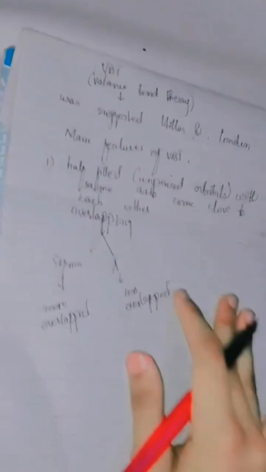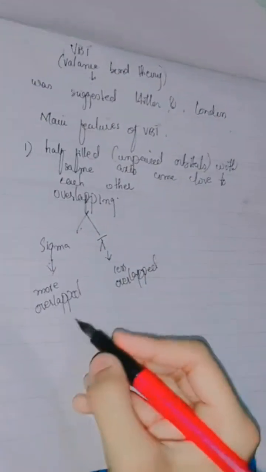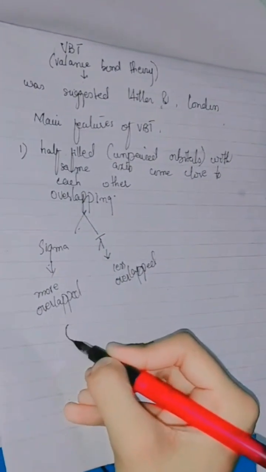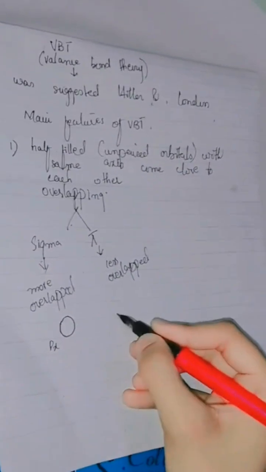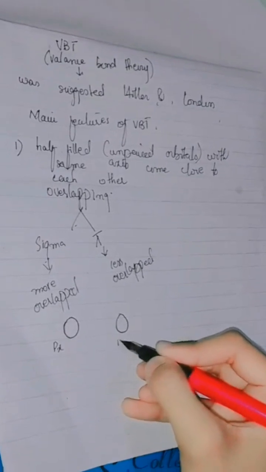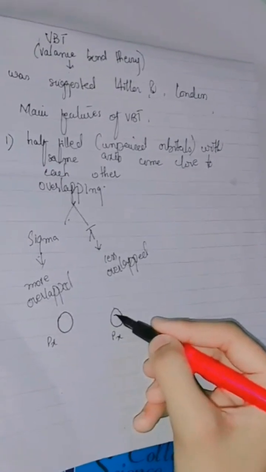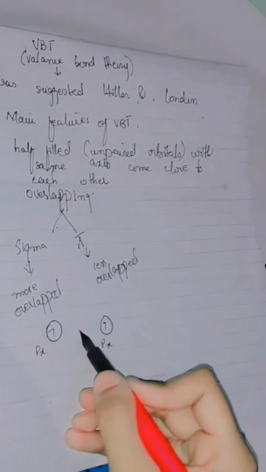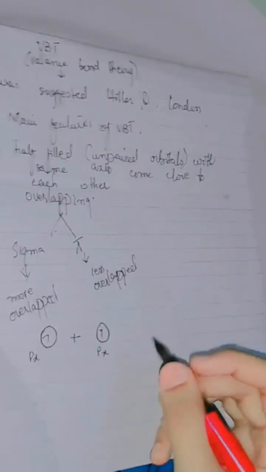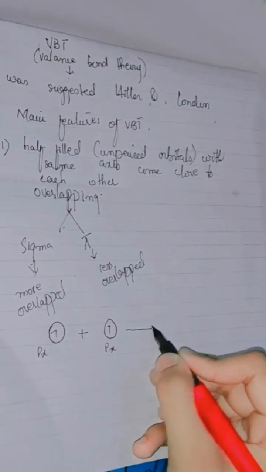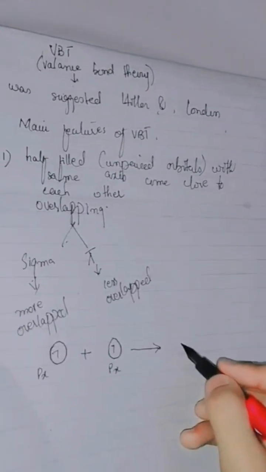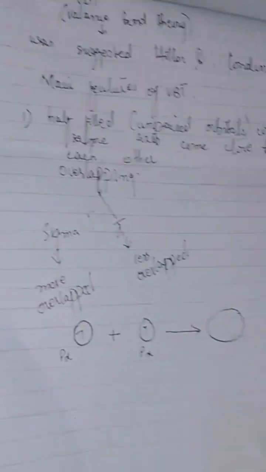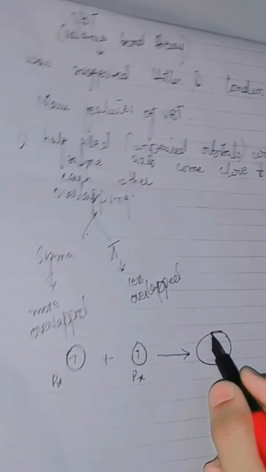For example, we are having one orbital px, and a second px. Now these are the electrons. When they come close to each other, means when they attract each other, they will overlap and combine.